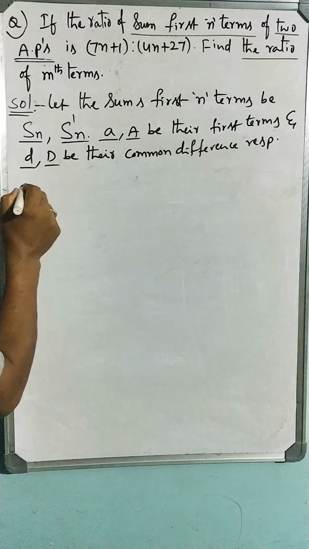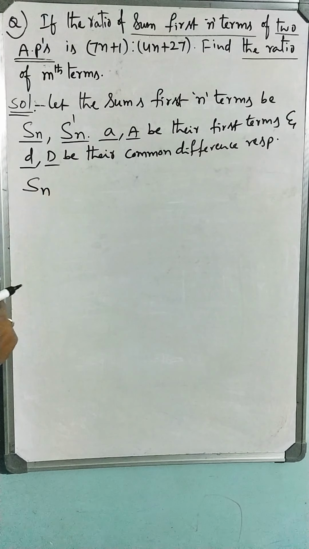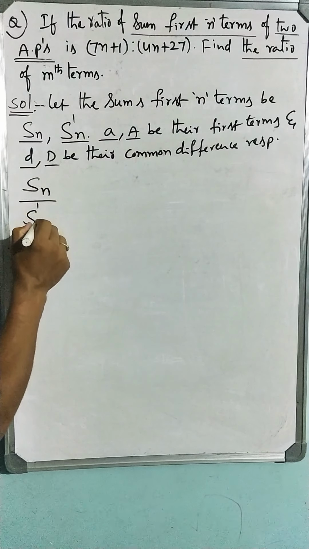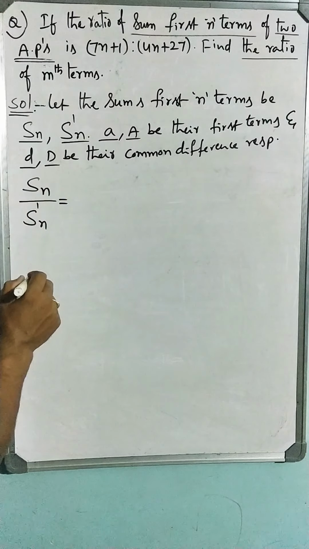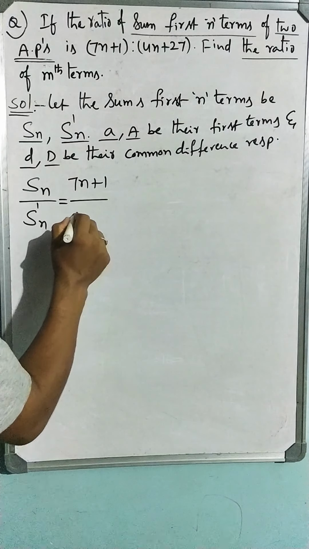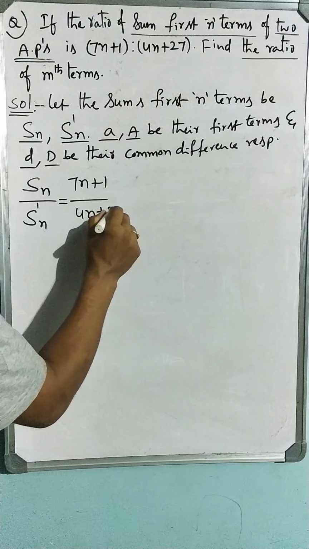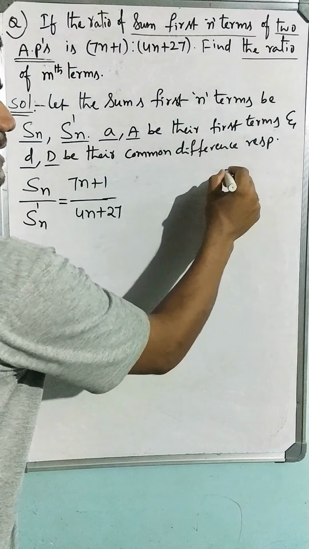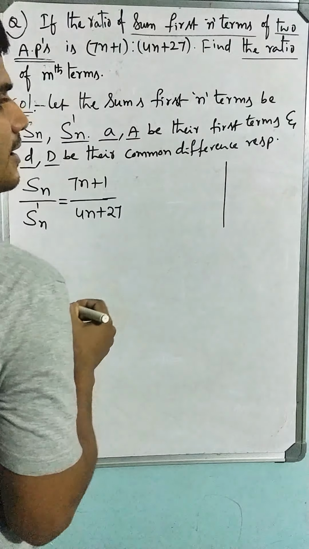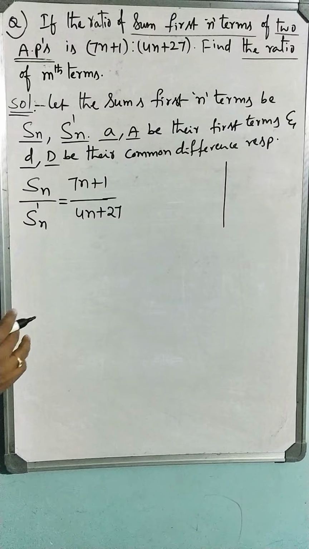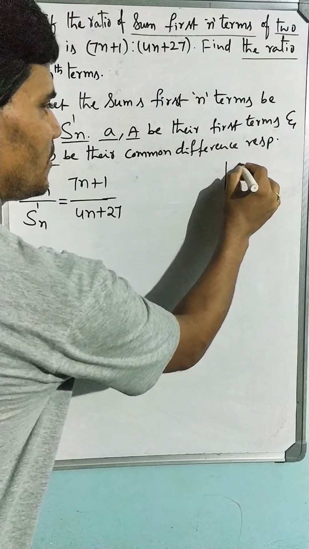Now you are given the ratio of the sum of first n terms, that is Sn by S dash n is equal to 7n plus 1 by 4n plus 27. From this you have to find, let us note what you need to find, that is the ratio of mth terms.